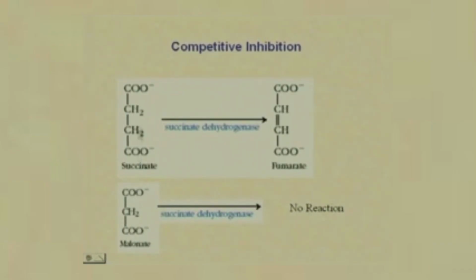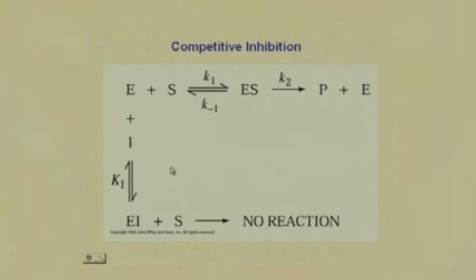So in competitive inhibition, malonate could act as an inhibitor for succinate dehydrogenase. There is not going to be any reaction. It's just going to sit there probably. Now getting back to our kinetics. There is no reaction with the enzyme-inhibitor complex. Why is that in competitive inhibition?